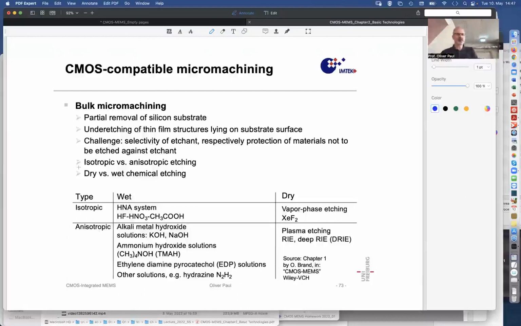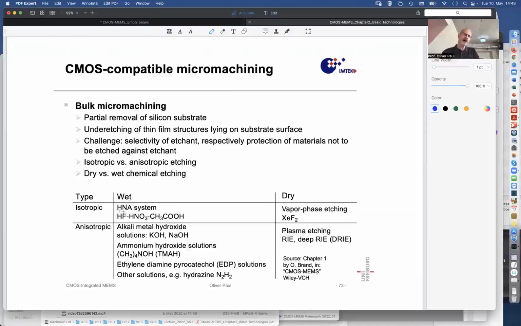And there are different types, of course, isotropic and anisotropic etching. One can do it using dry chemical methods by gases reacting with silicon, or we can do it wet in solution. And here are some common systems. Wet solutions doing silicon etching include the HNA system.